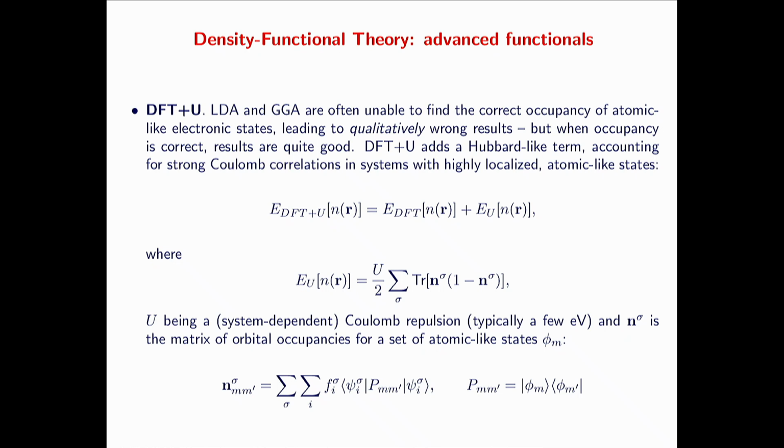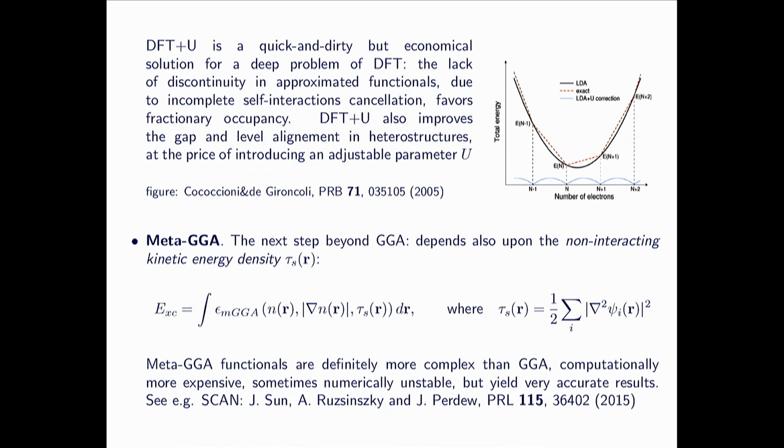You project your Kohn-Sham orbitals onto a selected manifold of atomic-like states, for instance 3d states for iron, and this term has the important characteristic to distinguish between integer numbers of electrons and non-integer numbers.